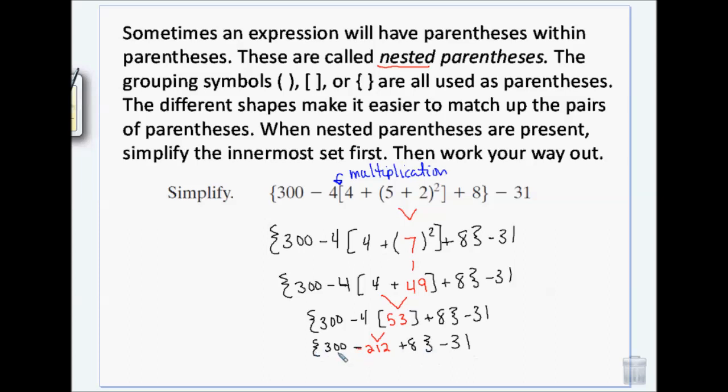Okay. Now I'm down to braces. And I have addition and subtraction inside the braces. So I can do all of this. 300 minus 212 is 88, plus 8, 96, minus 31, and that's going to give me 65.